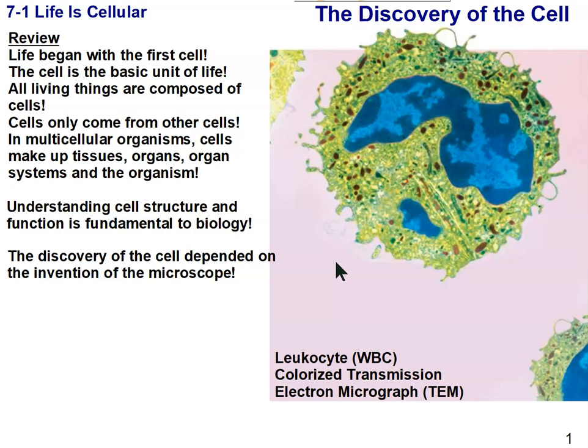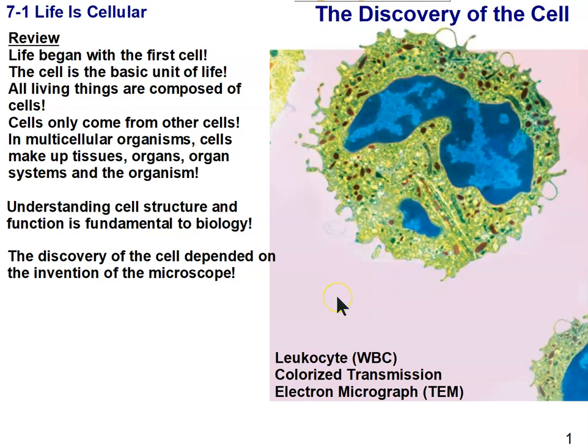Color comes from different wavelengths of light that bounce off of whatever you're looking at to give them the color that they are. And electrons don't have that ability. So electron micrographs are always grayscale. And if there are colors, they have been assigned, usually by computer, based on the shades of gray.